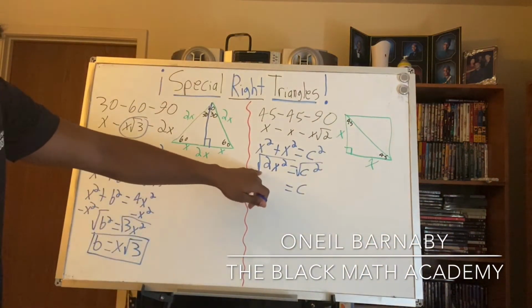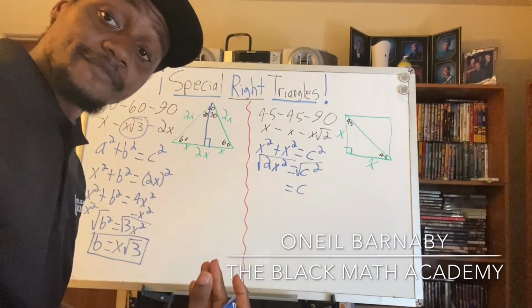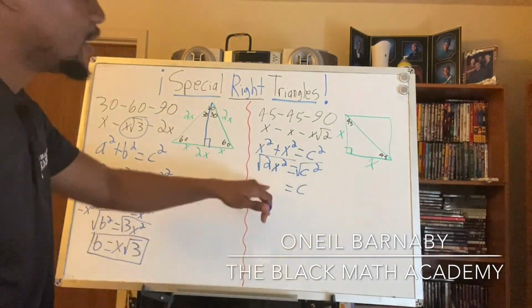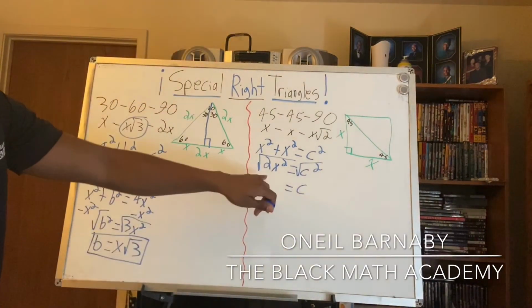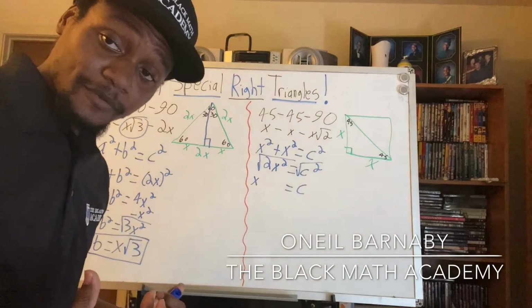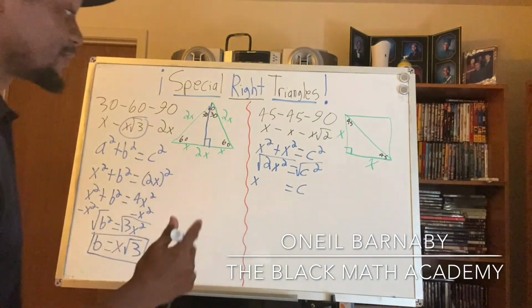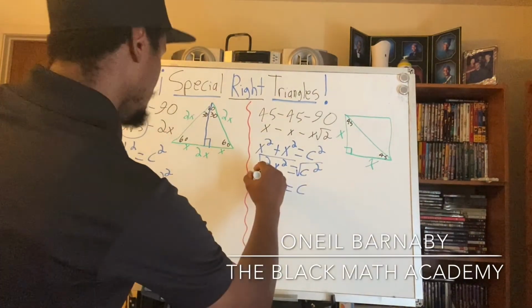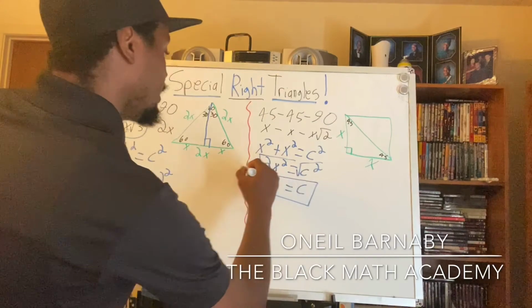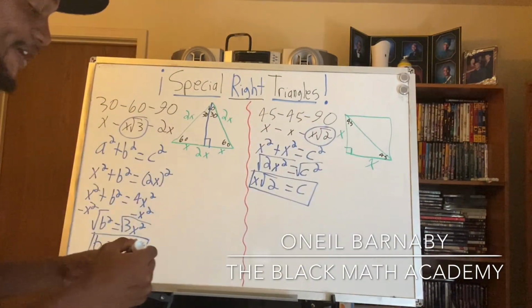The square root of 2x squared, because x squared is the perfect square, that can be solved, and that value comes on the outside. The square root of x squared is just x. Square root of 2 is not a perfect square, so we can't simplify that, which means it stays inside the radical. So root 2. So c is equal to x root 2, which is the third side.